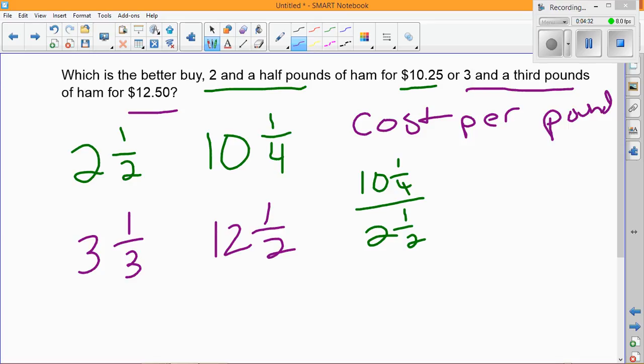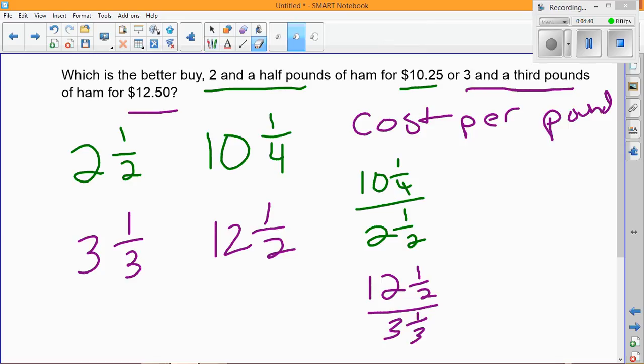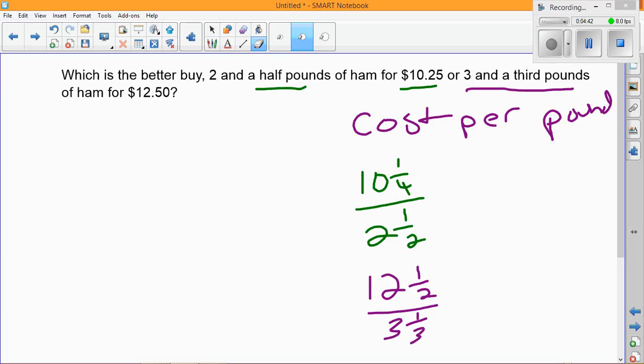And the second one's going to be $12.50 divided by 3 1/3. So a little bit of a refresher on dividing fractions.